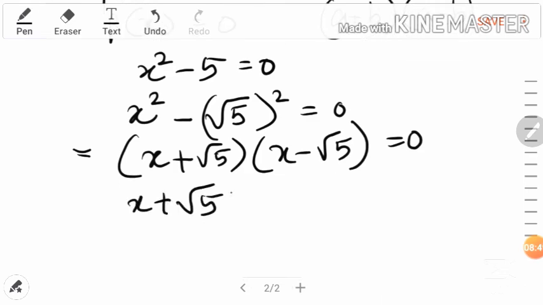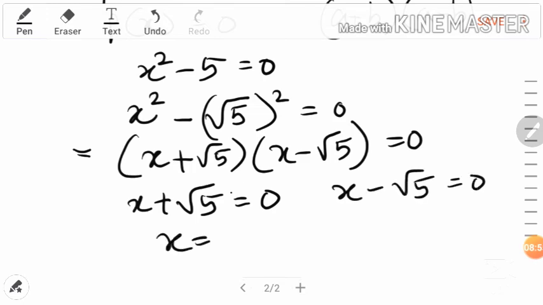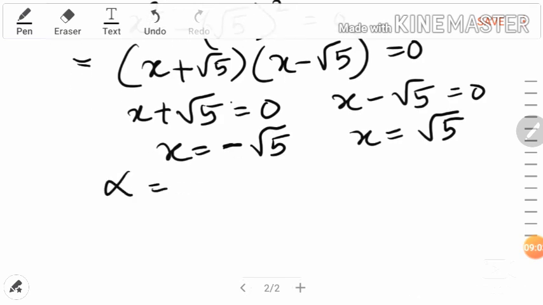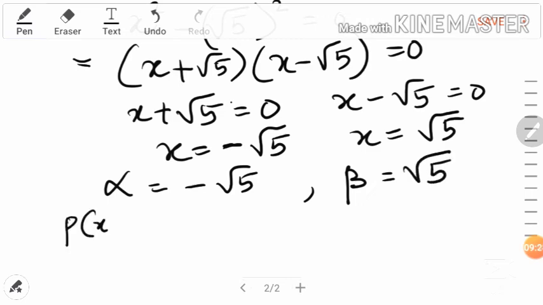Equating each bracket to 0. We get the roots x equal to minus root 5 and x equal to root 5. So alpha is minus root 5, beta is root 5. Writing the values of a, b and c from the polynomial. A is the coefficient of x square, that is 1.